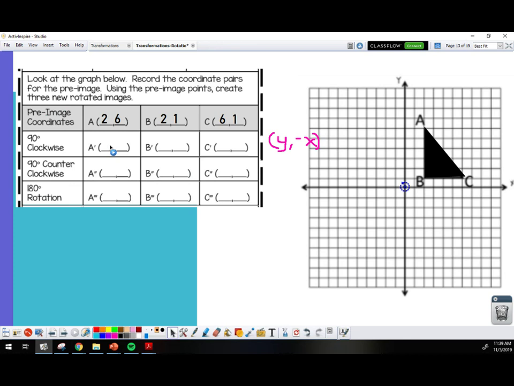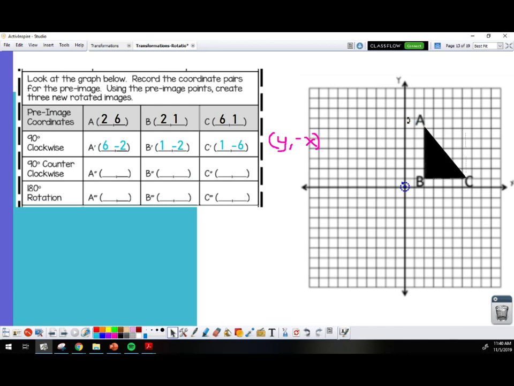For A prime, you should get 6, negative 2. For B prime, take your original y, which is 1, and take the opposite of your x, 1, negative 2. And for C prime, take the original y of 1 and the opposite of your x, so 1, negative 6.